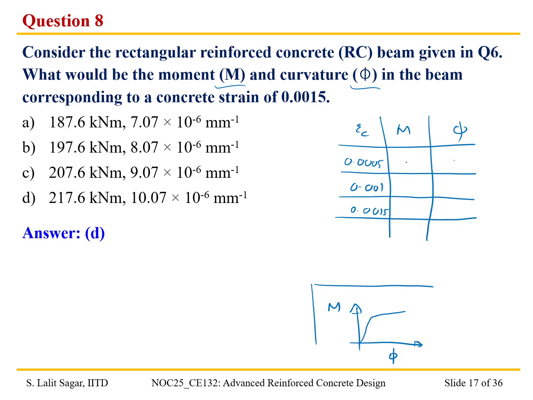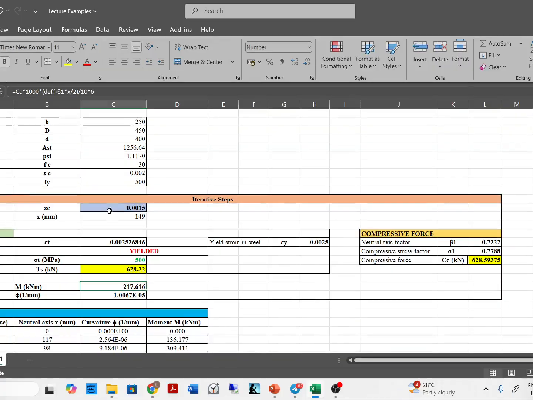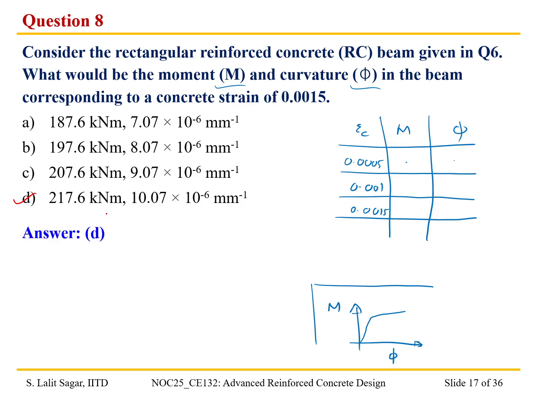So the correct answer for this particular question is option D. Okay, so I'm just going to give you the equation, right? What is the value of x that we got? X is 149 millimeter, right?